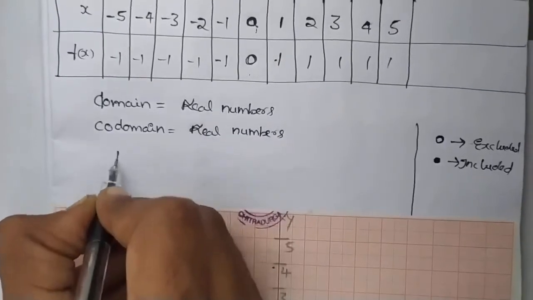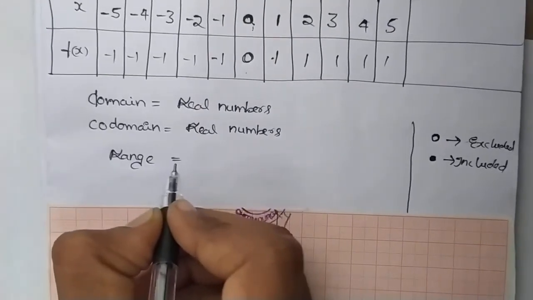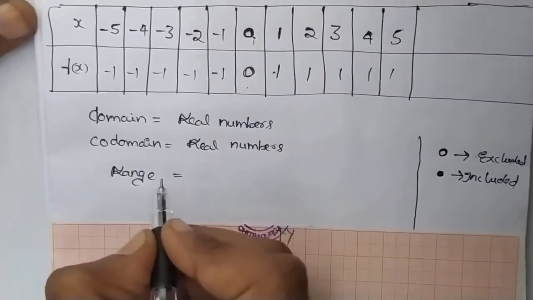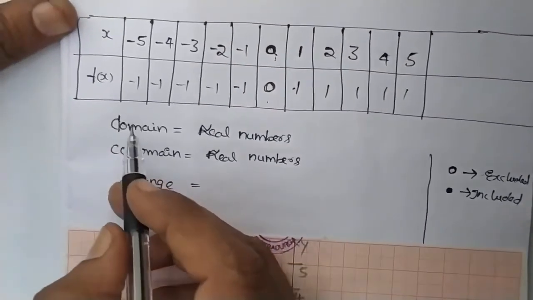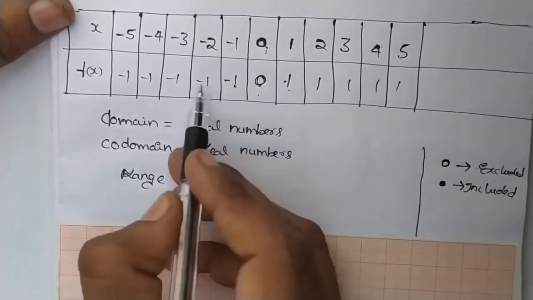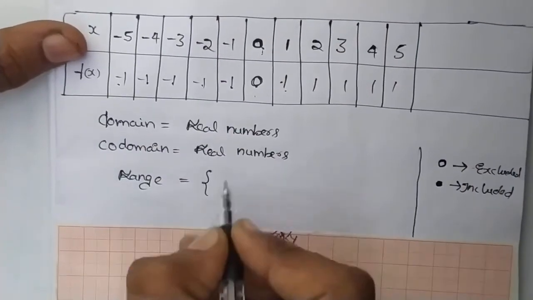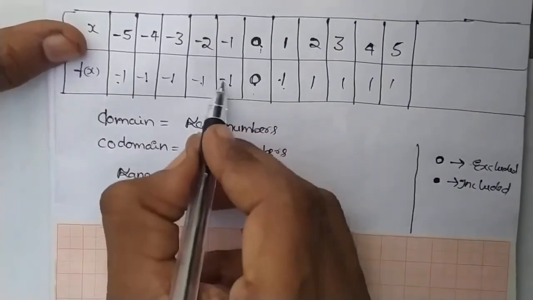What about the range? Range is nothing but the output values of f of x, isn't it? You just see 0, 1, 1, 1, 1, -1, -1, -1, -1, -1 we will have, right? Range for this function is also 0, -1, +1.